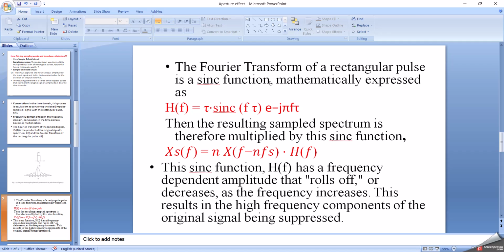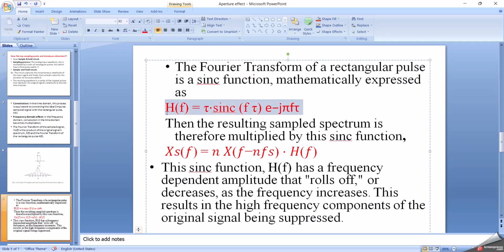That is nothing but a sinc function. Mathematically, the sinc function is expressed like this: H of f is equal to tau into sinc of f tau into e power minus j pi f tau. Tau is nothing but the pulse width.